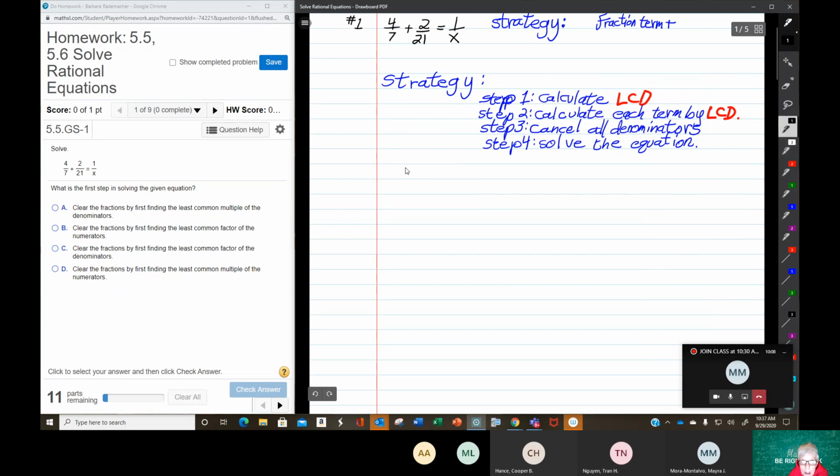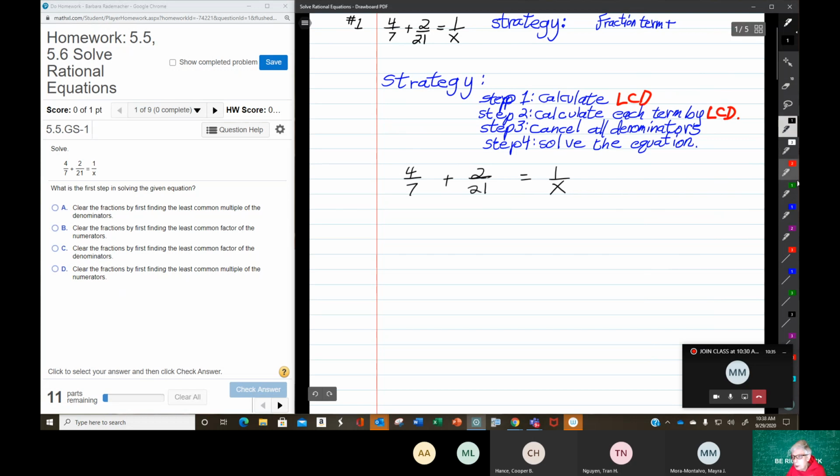All right, so I have 4/7. I'm making lots of room between the terms. Plus 2/21 equals 1/x.